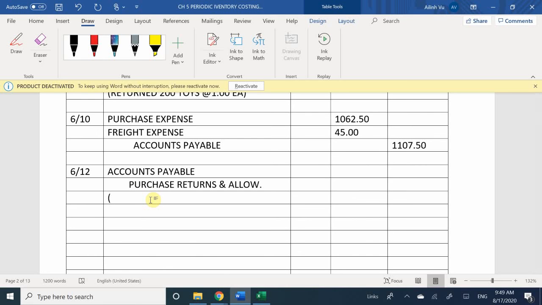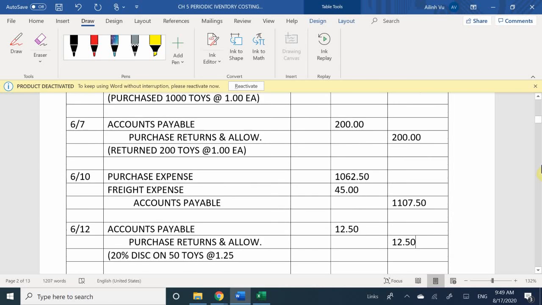So I'm going to go ahead and write right here, 20% discount on 50 toys at $1.25 each. Okay. All right, good. And it was for $12.50.